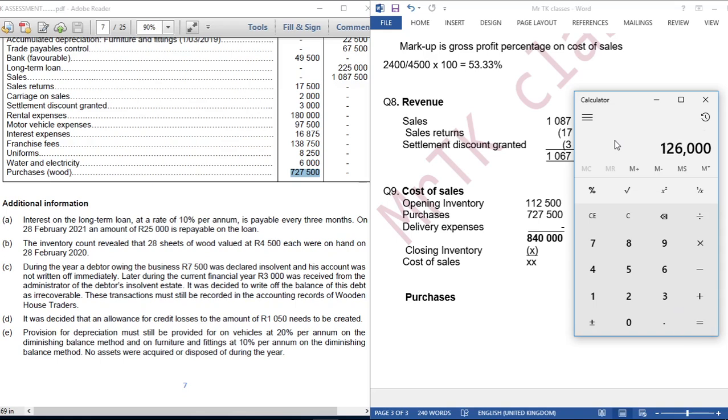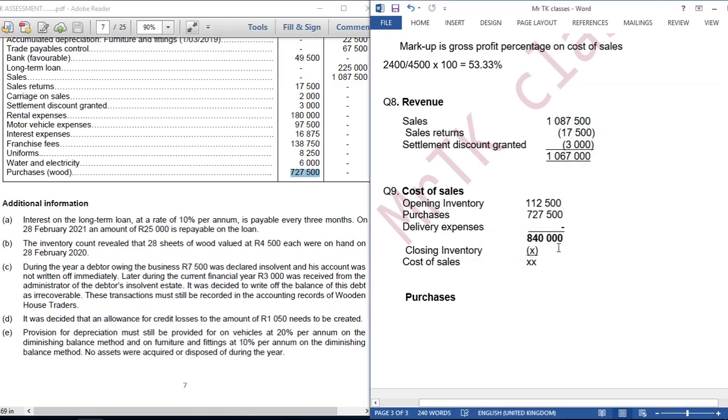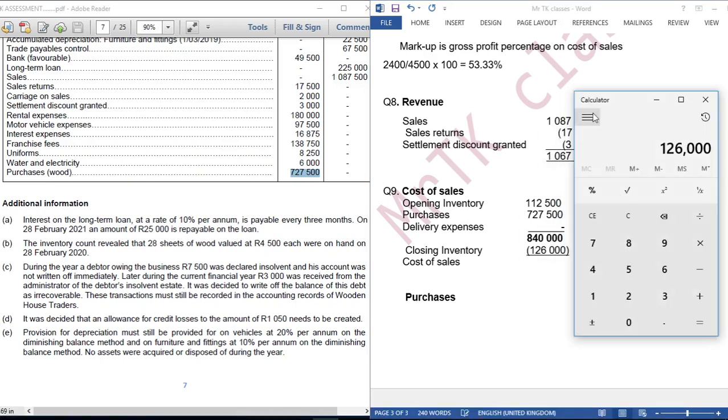So this is 126,000. All right. So what is our cost of sales?